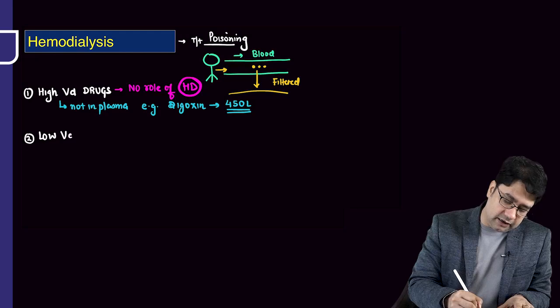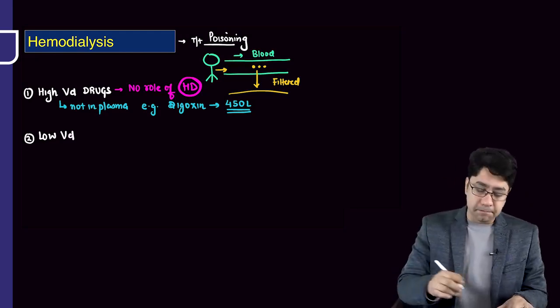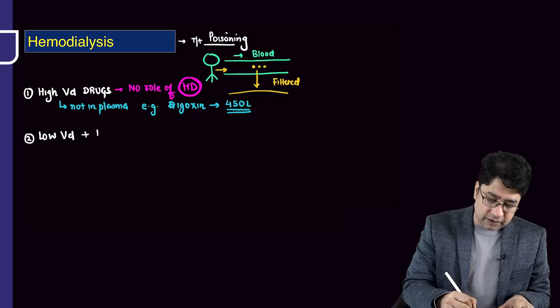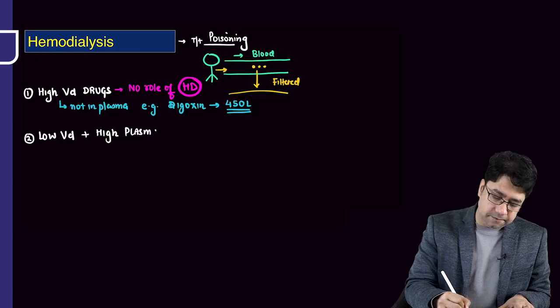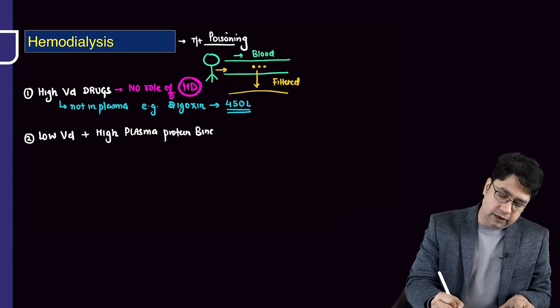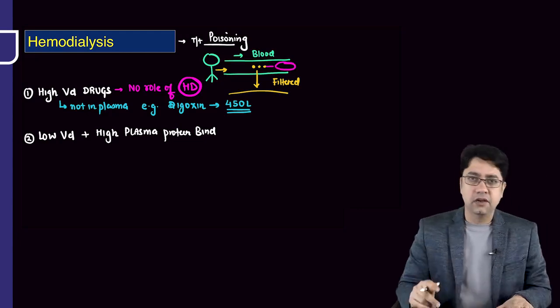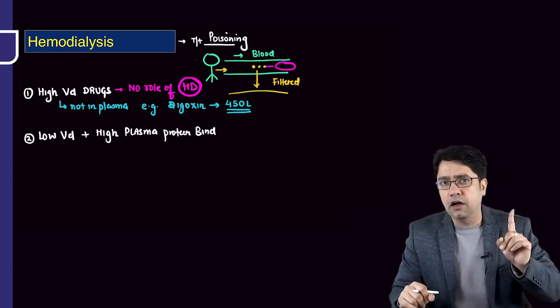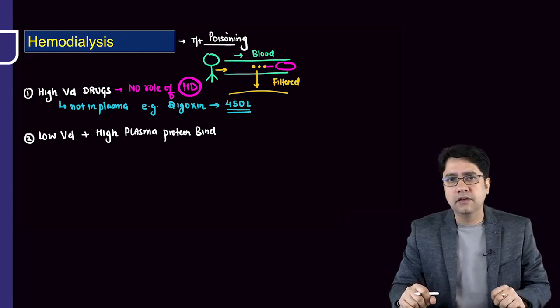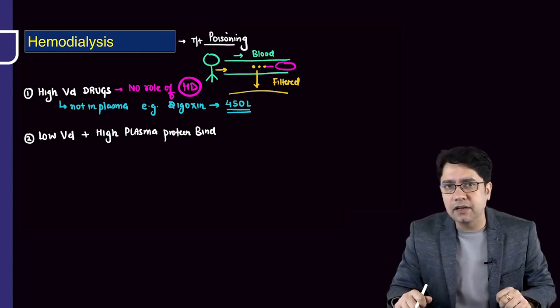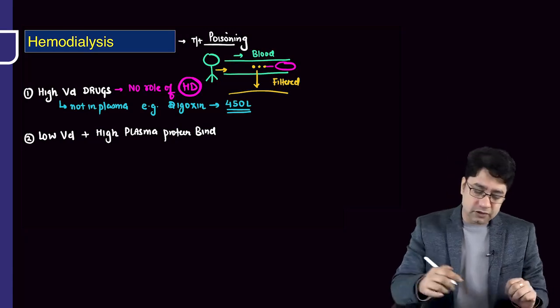That means the drug is present in plasma, but the drug has very high plasma protein binding. Now, what do you think? If a drug is highly protein bound, will this protein allow the drug to filter? Will they allow it to cross a cell membrane? The answer is no.